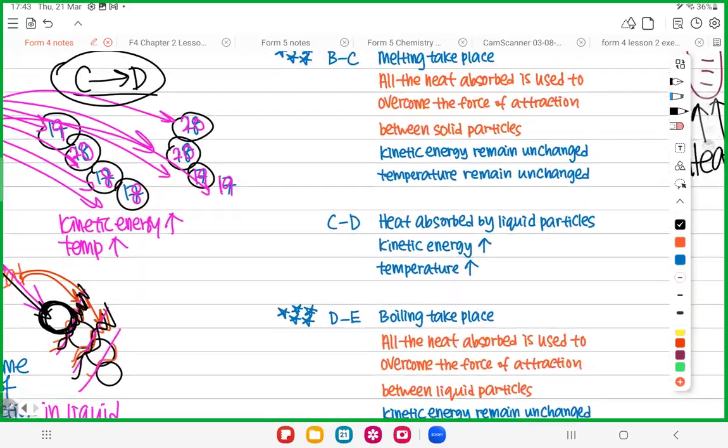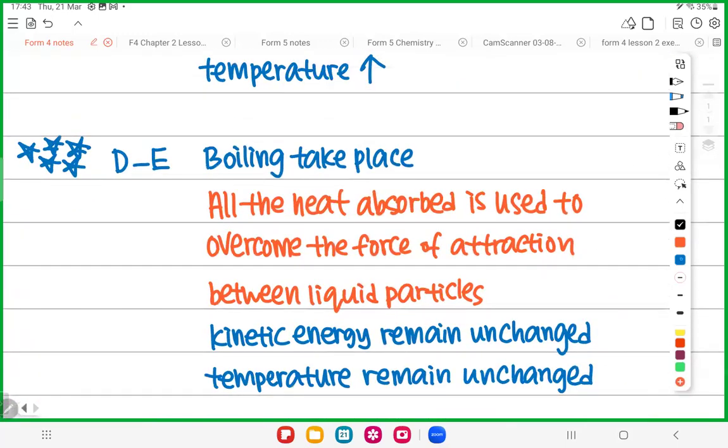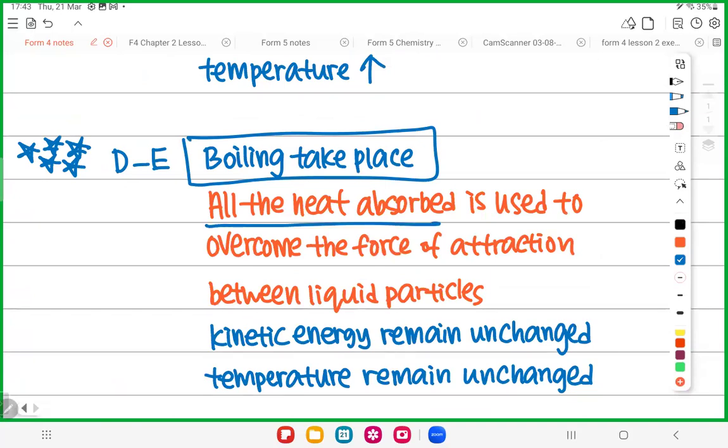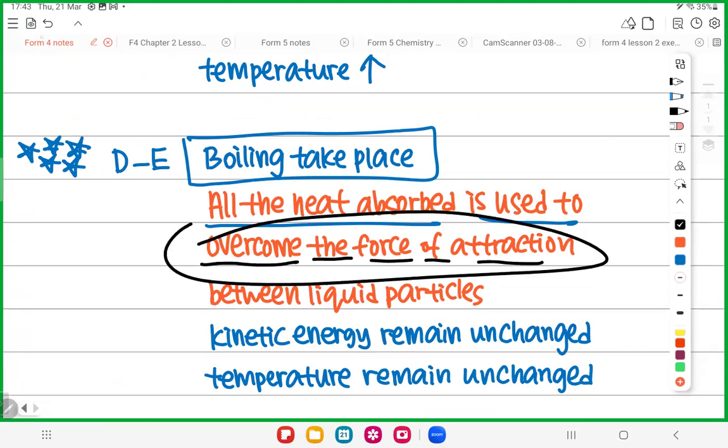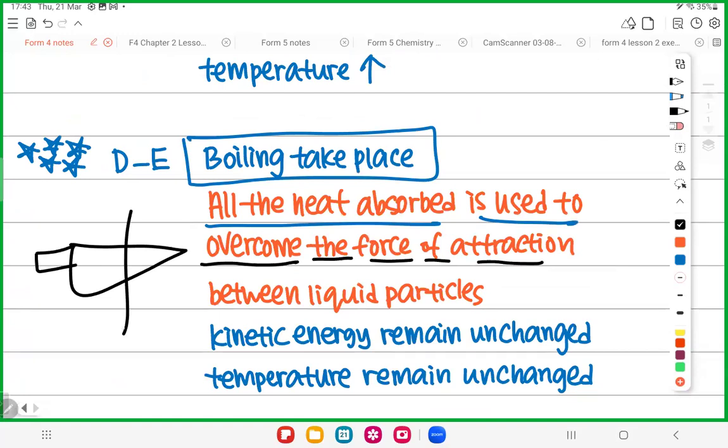If you look at the answer, what happened? D to E, boiling takes place. So during boiling, all the heat absorbed is used to, now learn this word, overcome the force of attraction. Overcome force of attraction means cutting. You cannot use the word cut. You have to write overcome force of attraction.